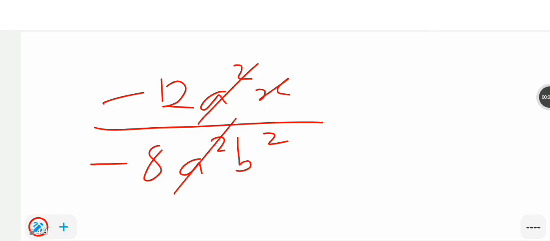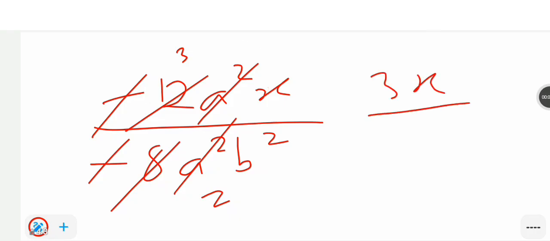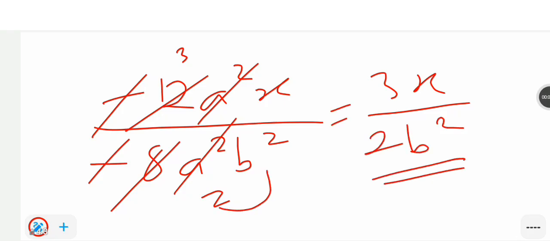Minus cancels minus. Then 4 cancels with 4: 4 in 8 is 2, and 4 in 12 gives you 3. So at the top you have 3 and x, that gives you 3x. At the bottom you have 2 and b squared, that gives you 2b squared. There's nothing else you can cancel, so that's the final answer for that simplification.